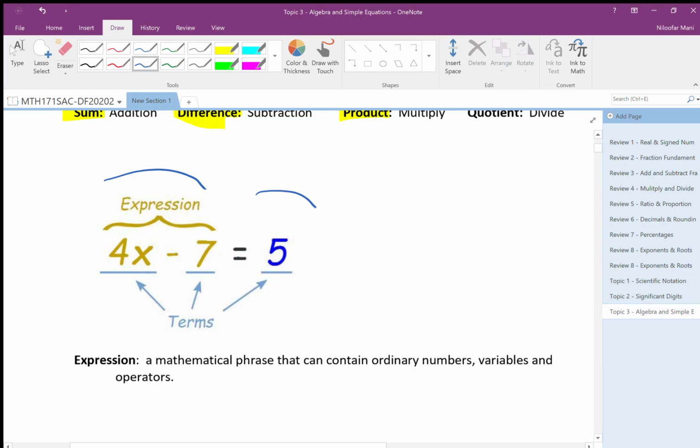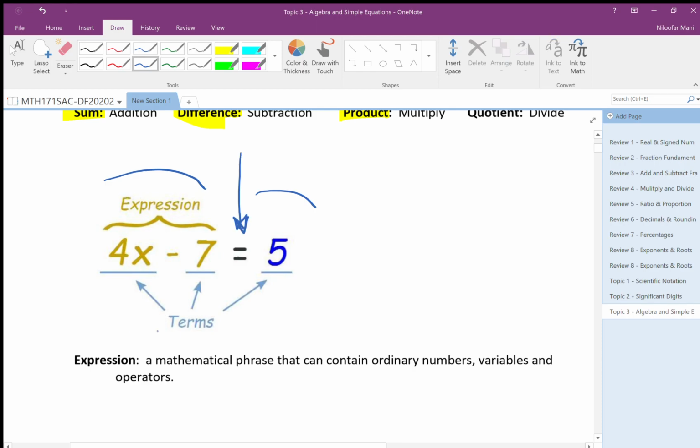Each expression is made by numbers or variables, or numbers and variables, and operators like addition and subtraction. Each part separated by minus and plus, I call terms.